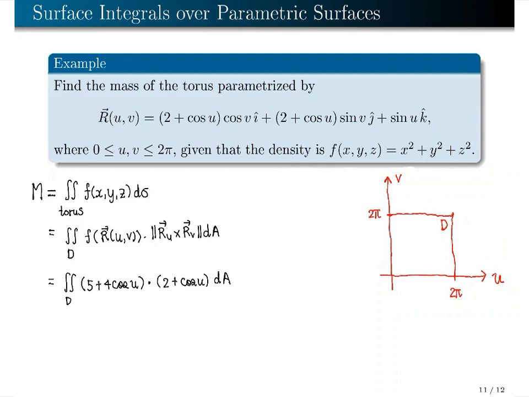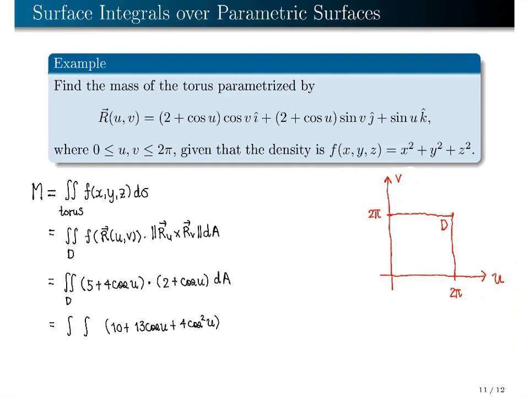Finally, we are ready to compute for the mass m of the torus. To that end, we write this double integral as an iterated integral. We obtain the integral of the integral of, simplifying the integrand, we have 10 plus 13 cosine of u plus 4 cosine squared of u.